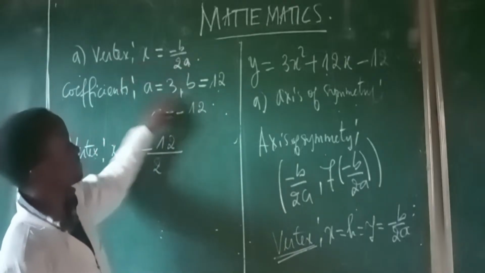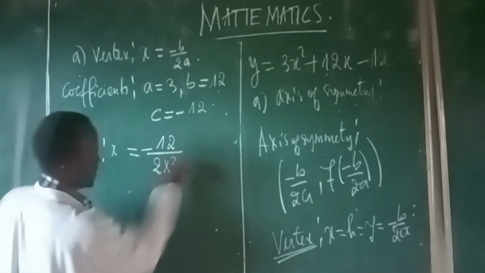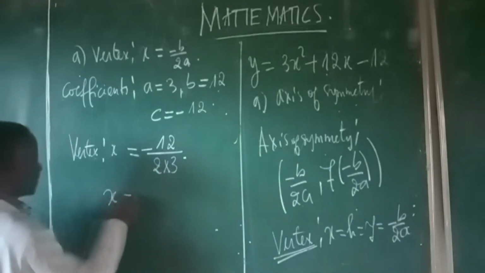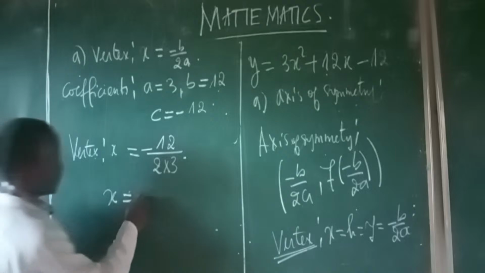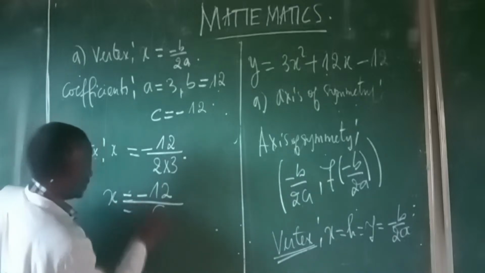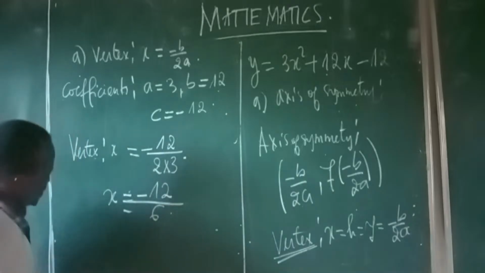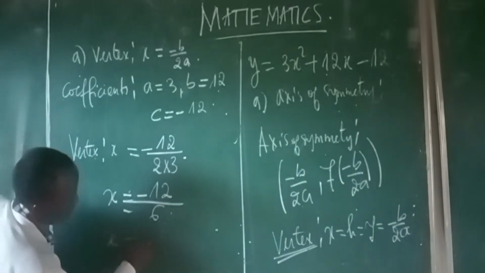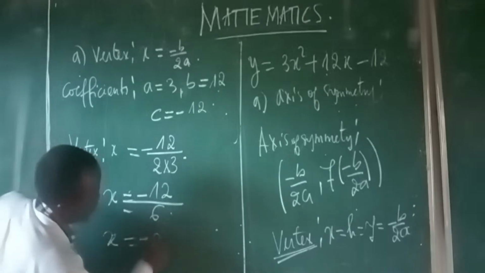This is times 3. Then for our vertex x, it will be minus 12 over 6. Are we together? So our vertex will be minus 2.